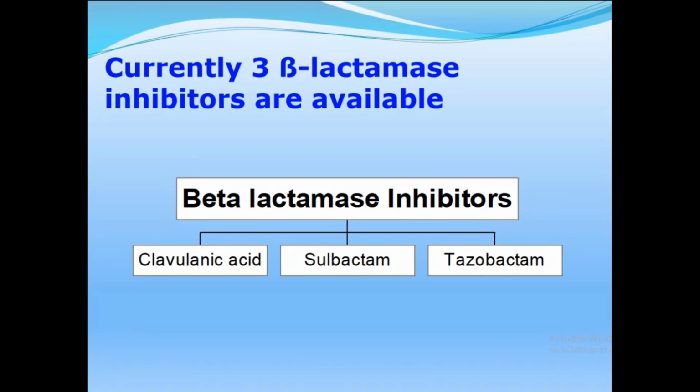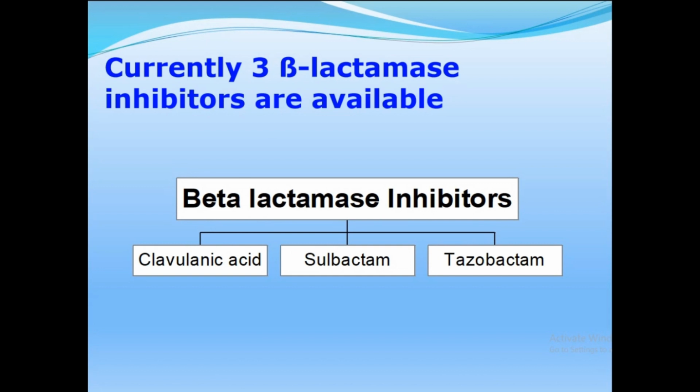Tazobactam, on the other hand, is one of the most famous IV beta-lactamase inhibitors, used alongside an antibiotic like piperacillin. Piperacillin-tazobactam, under brand names like Zosyn, Pipzo and Piptaz, is quite well known and used for gram-negative bacteria.